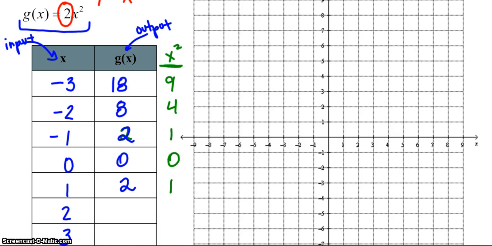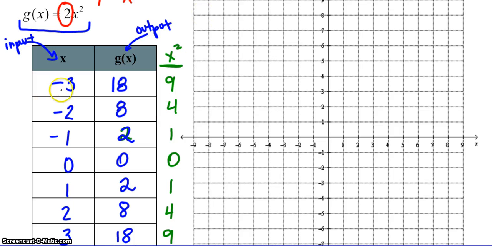When I put a 2 into the function, 2 squared is 4, times 2 for the coefficient, and I get 8. And you can see the pattern. As x increases by 1, there's a pattern with the y values, those outputs. So when I put a 3 in, 3 squared is 9, and 9 times 2 is 18. So we are going to plot these points.